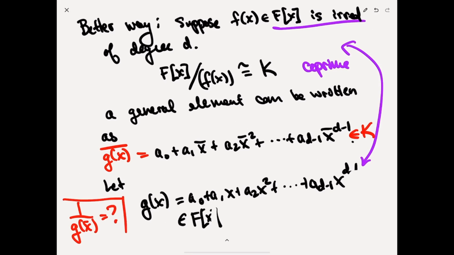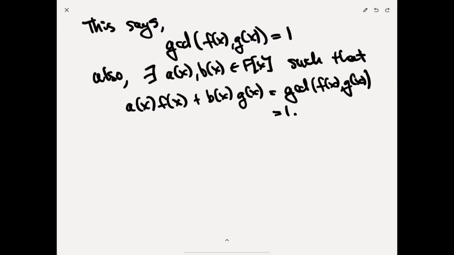What's the inverse of this? We want to write it as c0 plus c1 x plus up to c d minus 1 x to the d minus 1. So we want to write it in terms of the basis.